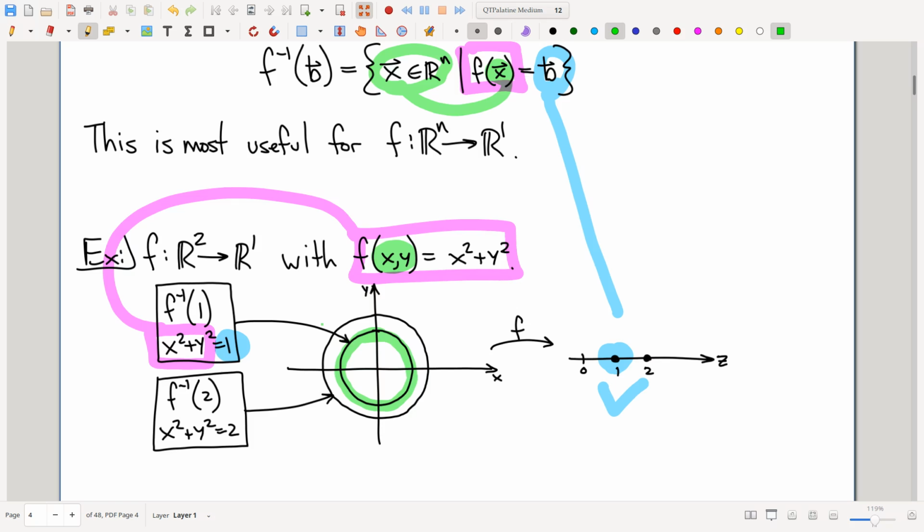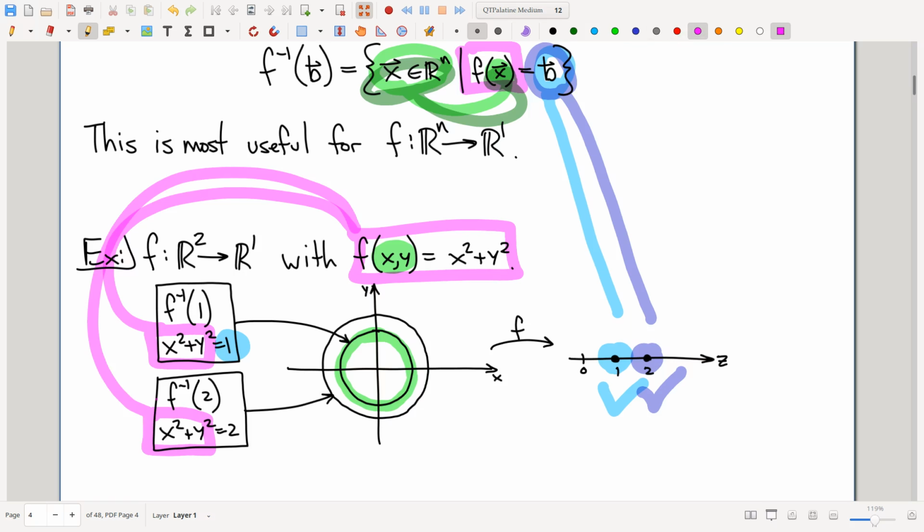Now, a level set by itself usually doesn't show you a whole heck of a lot. It's usually nice to have several level sets to look at. So we're going to play the same game here with different output values. Let's look at 2. That's an output value. I can ask for that output value, what are the corresponding input values that make the value of the function equal to 2?